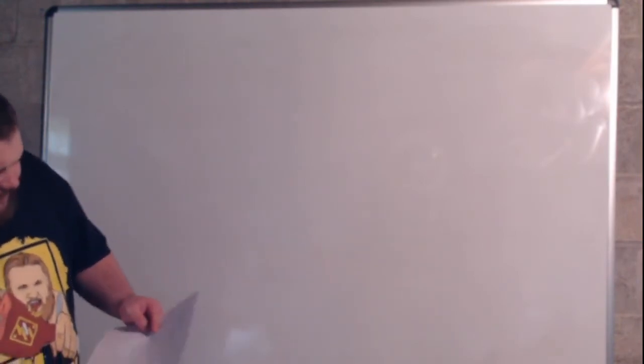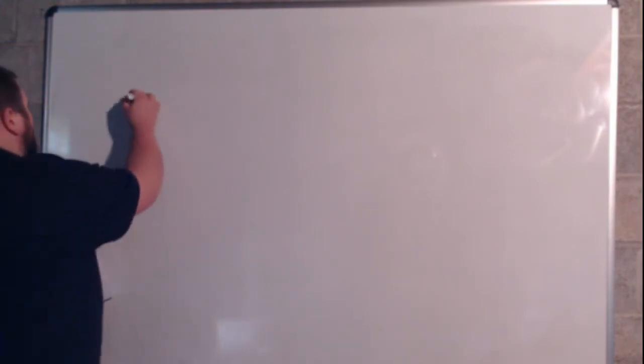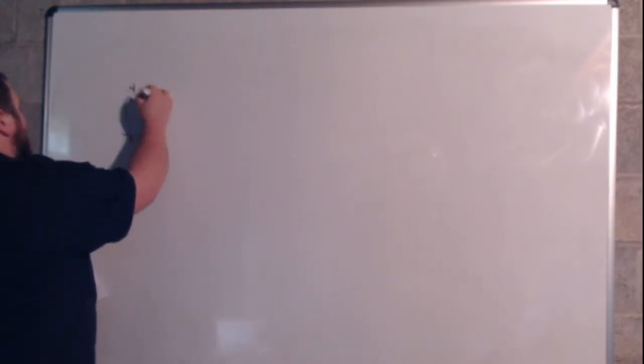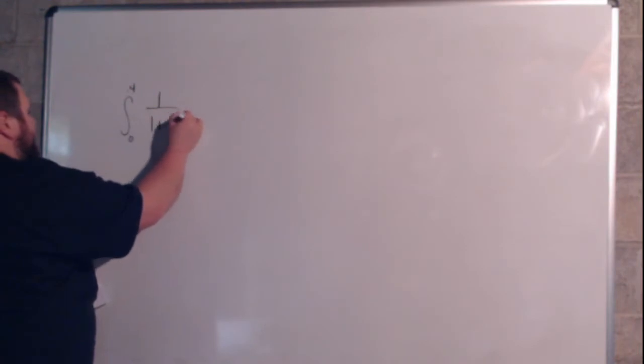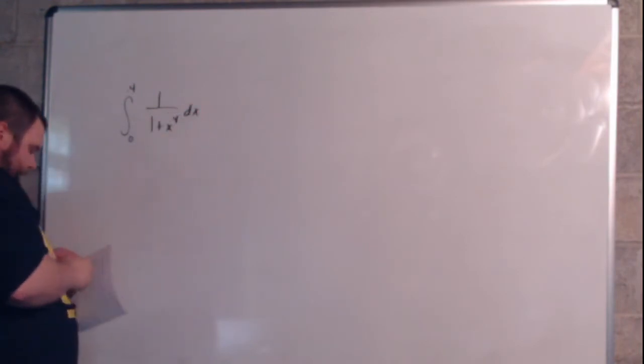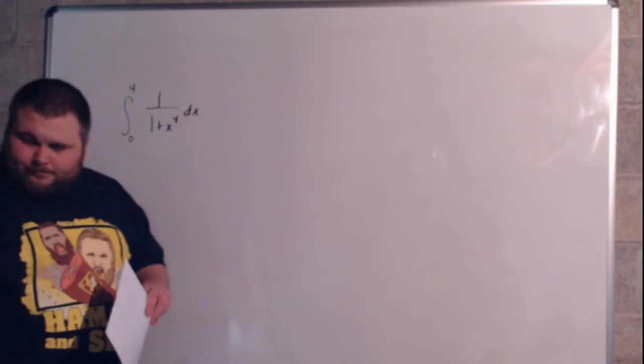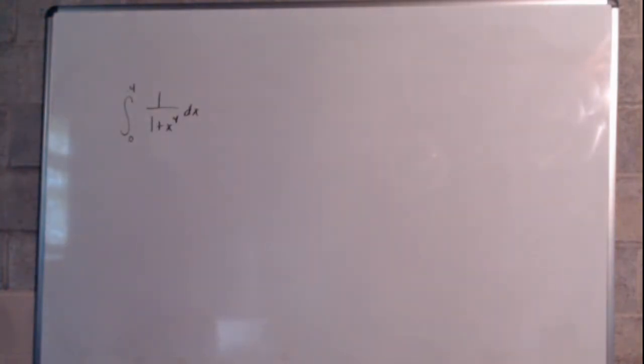So I did do this one already for you, right? The integral from 0 to 0.4, 1 over 1 plus x to the 4th dx. Parthy, is that just because of your special notes, or that I did do that one last time?